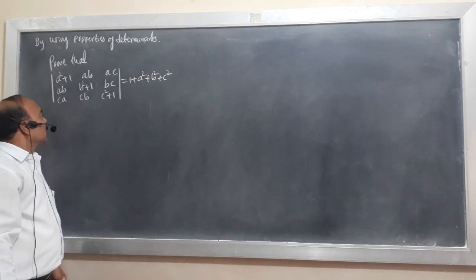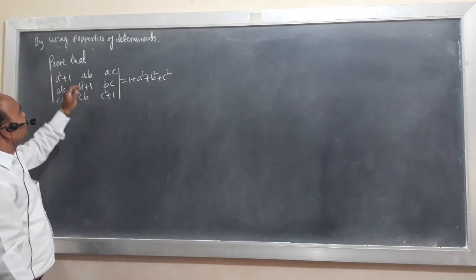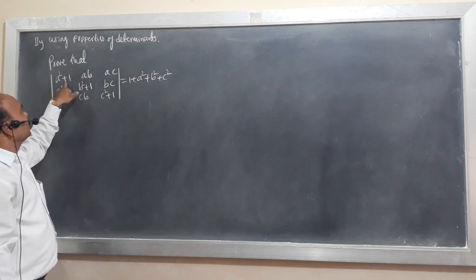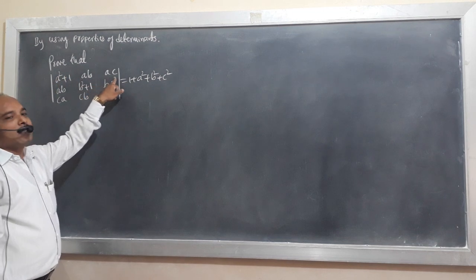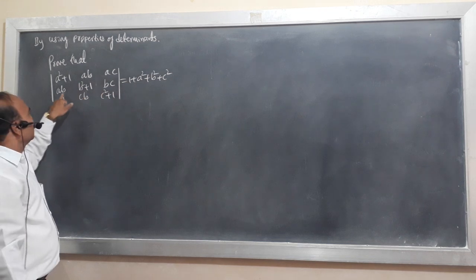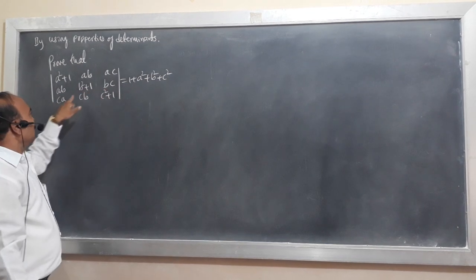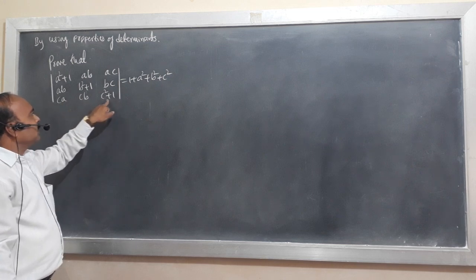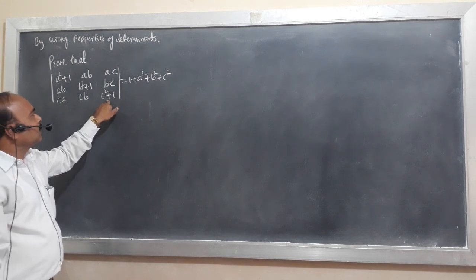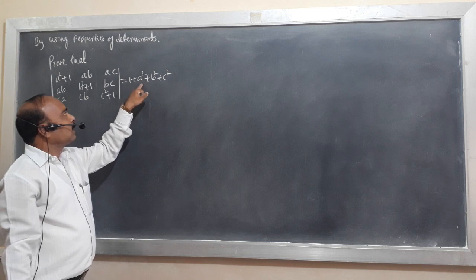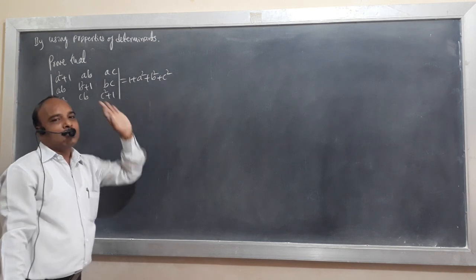Next we go for another example. By using properties of determinants, prove that the determinant with first row a square plus 1, ab, ac, second row ab, b square plus 1, bc, third row ca, cb, c square plus 1, is equal to 1 plus a square plus b square plus c square.